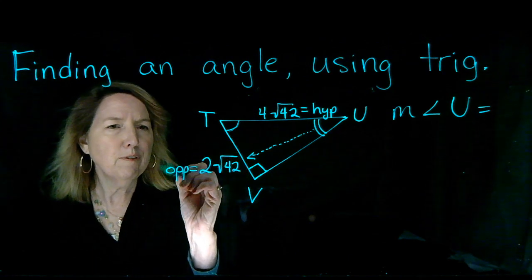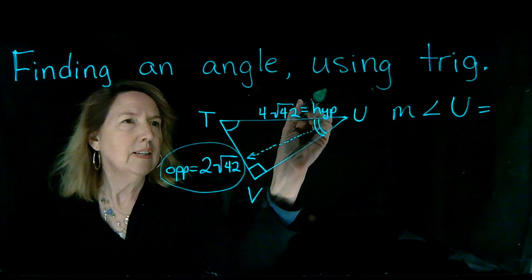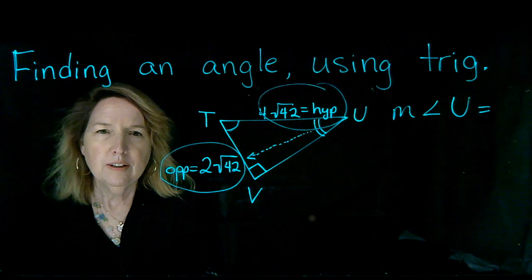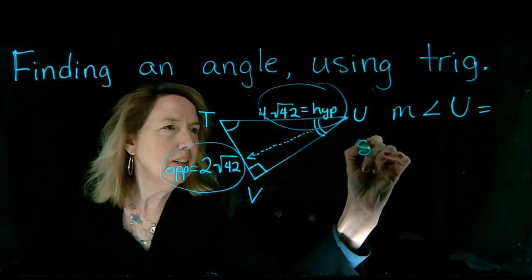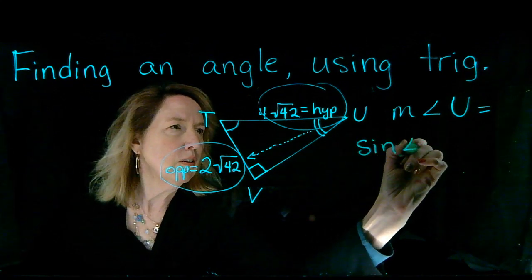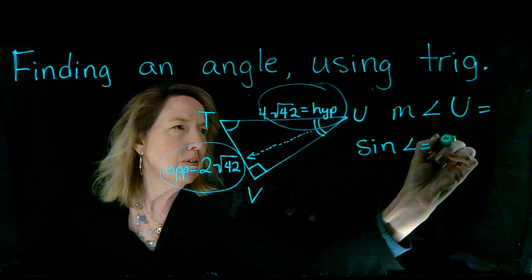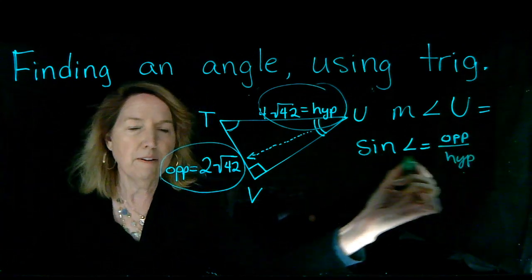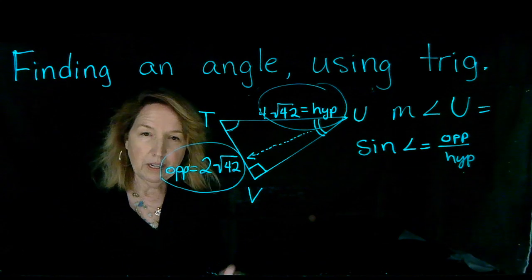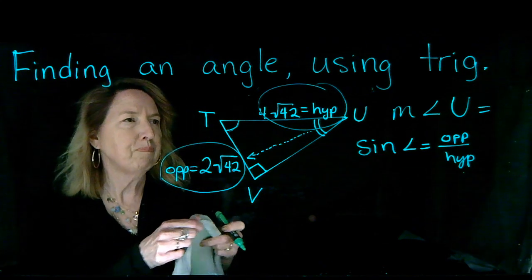So now I can focus on opposite and hypotenuse. That is sine. The sine of an angle is equal to the opposite over the hypotenuse. That's the definition. So let's plug in the information they gave us.